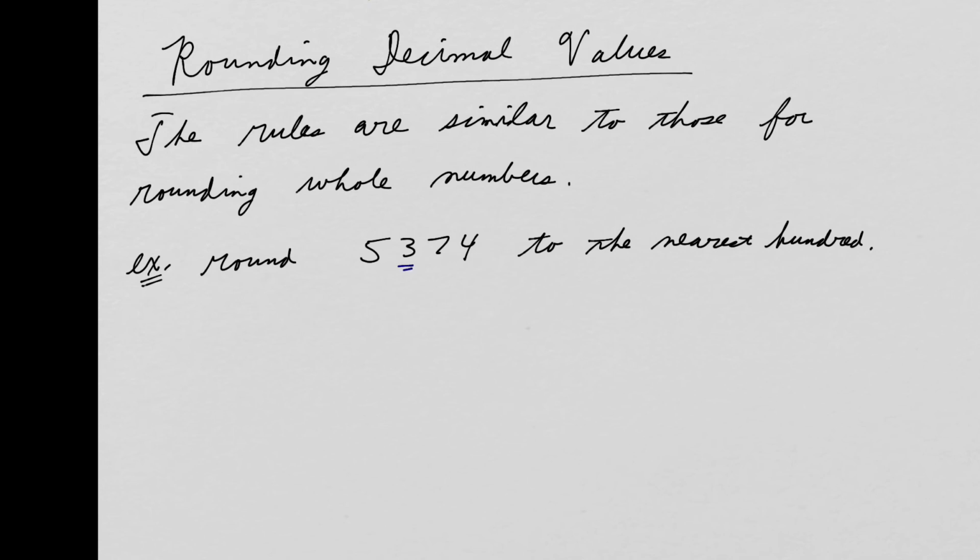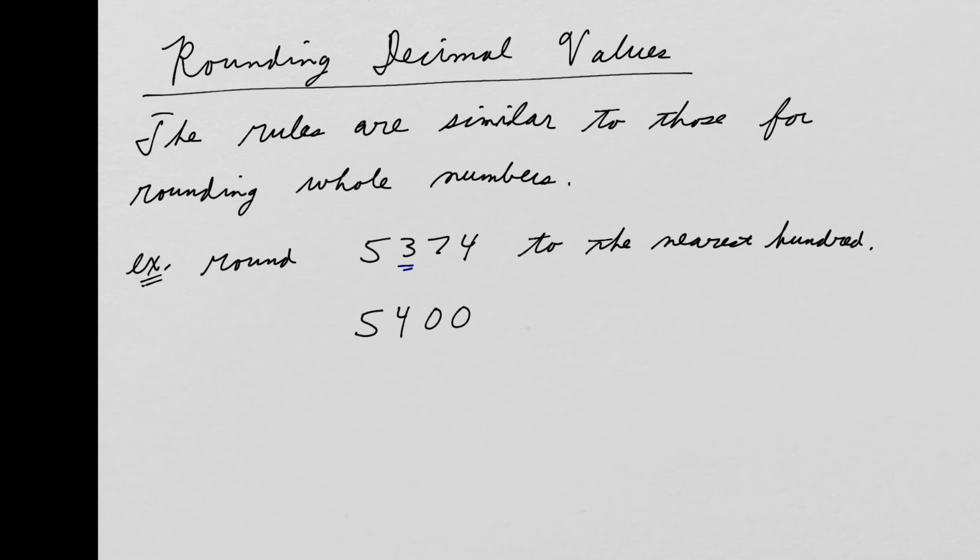I look to the right, the tens place. If the number is 5 or greater, then I have to round up, so I have to add 1 to the 3. If it's less than 5, then it stays a 3, and then everything else becomes zeros, right? Once I change the number I'm rounding to, the underlined number, then everything else becomes zeros. So in this case, since I have a 7 there, the 3 must go up to a 4, and then everything else becomes zeros.